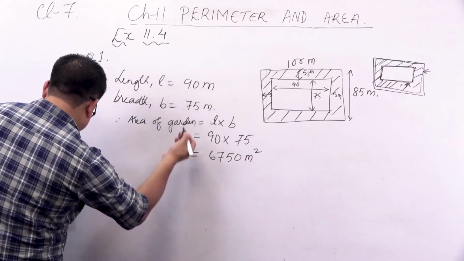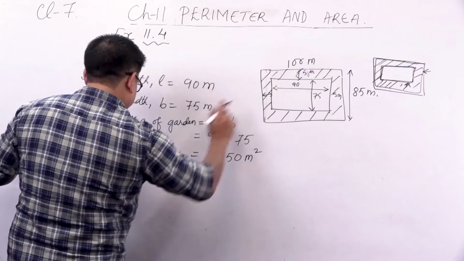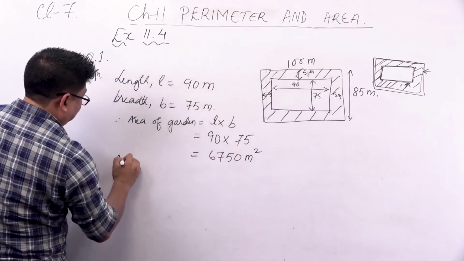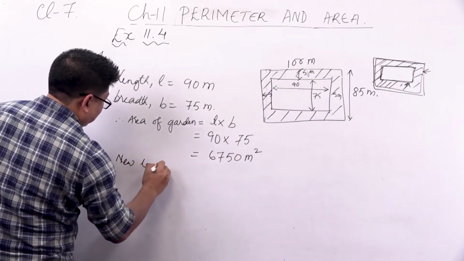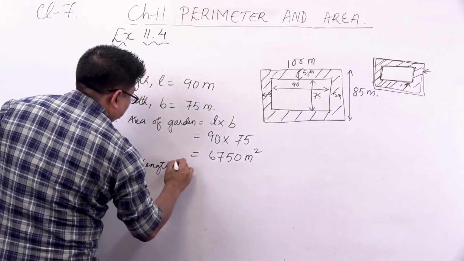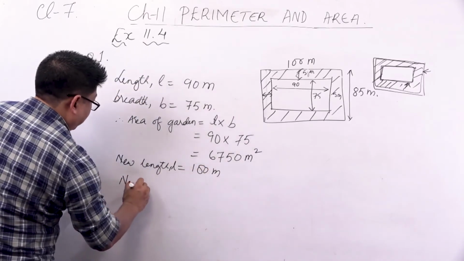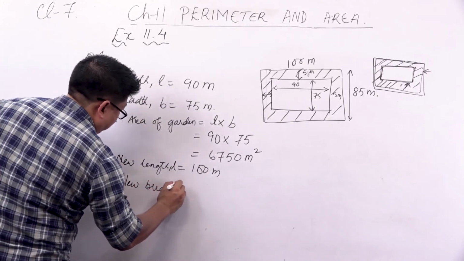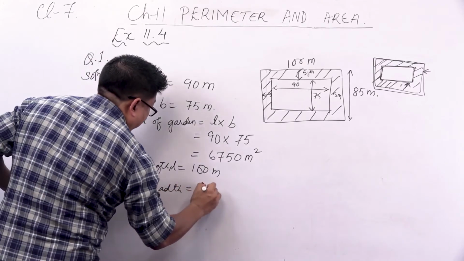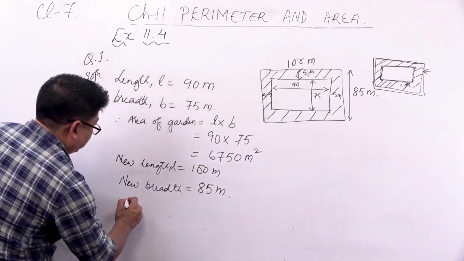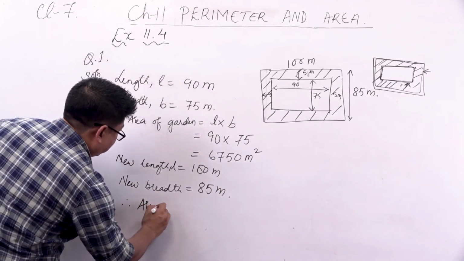And in the new figure that we got after constructing the footpath, we are getting a new length of 100 and a new breadth of 85 meter. So we can also calculate the area for this.